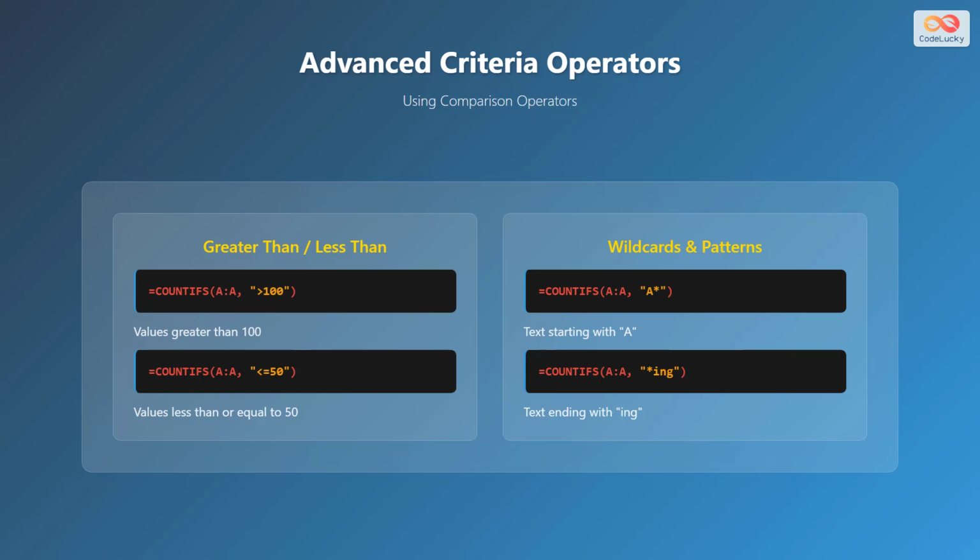For wildcards and patterns, use =COUNTIFS(A:A, "a*") to find text starting with A. And =COUNTIFS(A:A, "*ing") to find text ending with ing.